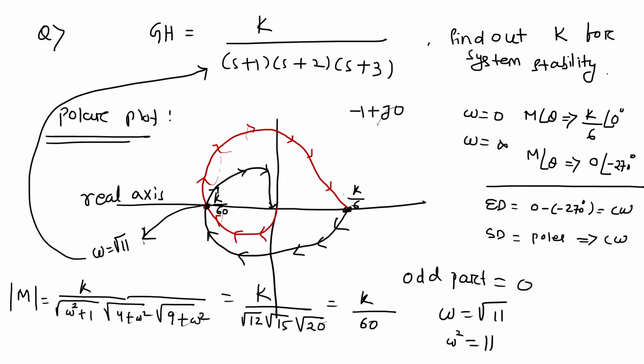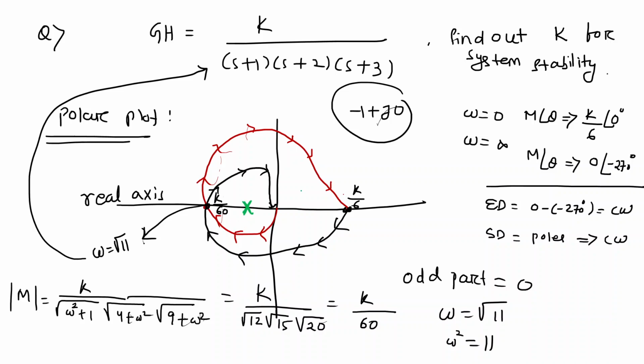You understand this line? Yes, sir. Because the number of encirclements tells us how many poles are on the right hand side. So if you want to make your right hand side poles equal to 0, then the system is stable. To make the number of right hand side poles equal to 0, the number of encirclements also has to equal 0, about the -1 plus J0 point. So I don't want any encirclement. If you assume that your -1 plus J0 point is inside somewhere here, then how many encirclements do you see?